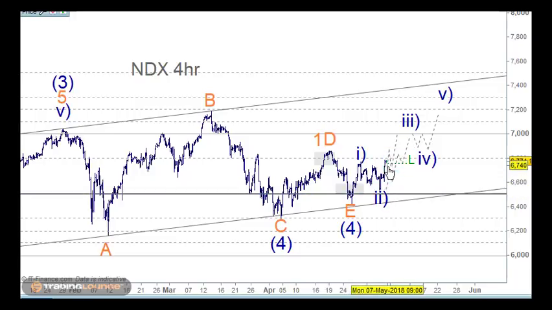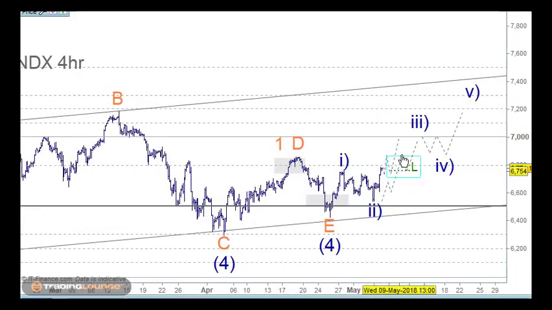If that's the case, then we'll see this really push up strong in the third wave over here. So just bear that in mind. It's not a very good count, but 1 and 2 here, then all of the third wave in here, the fourth wave and the fifth wave up here. This is all a bit messy in here, but that's possible.